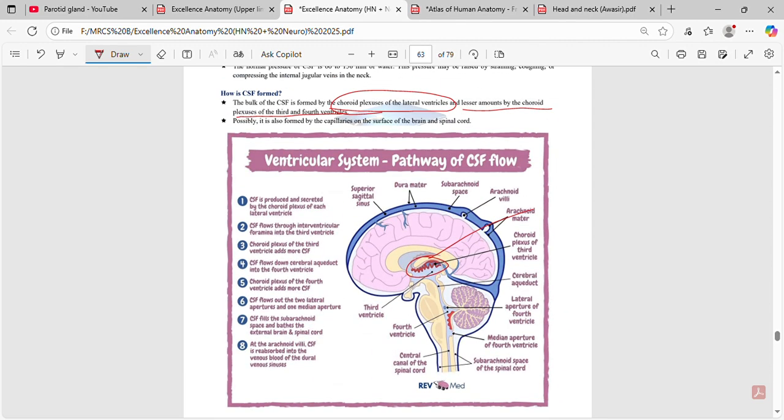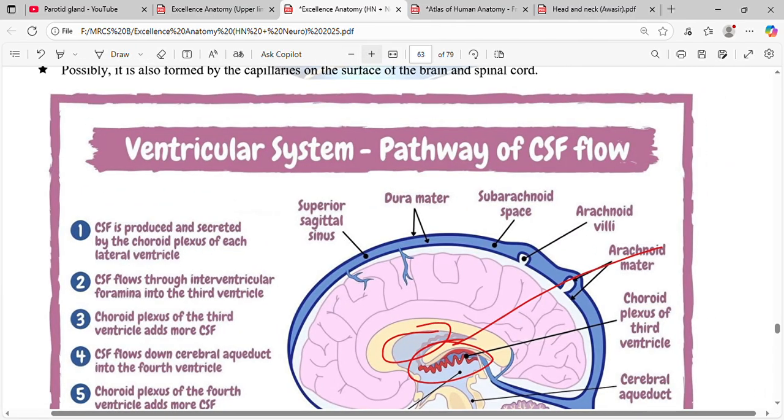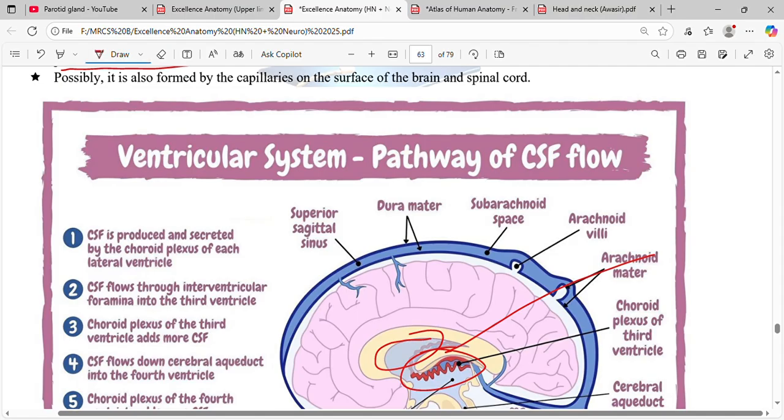Here, yes. This is the lateral ventricles on both sides of the brain. I will make the diagram here for you. Let's suppose these are the lateral ventricles, and they connect through the foramen of Monro with the third ventricle.